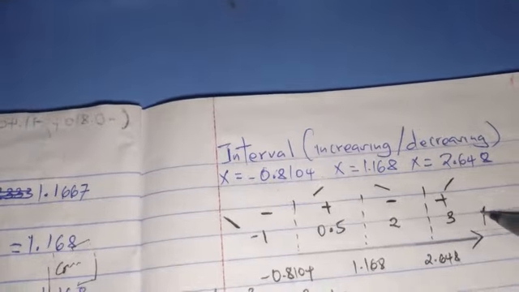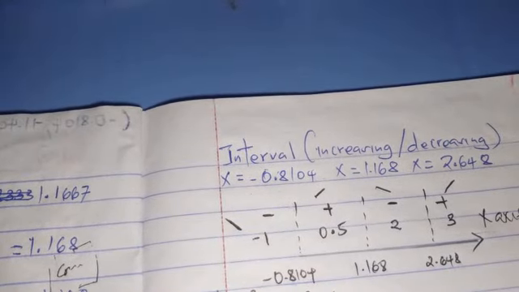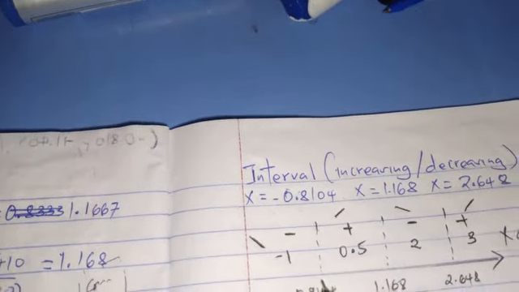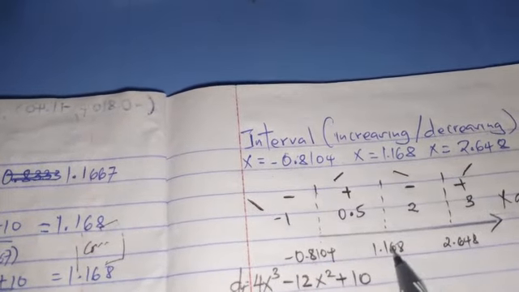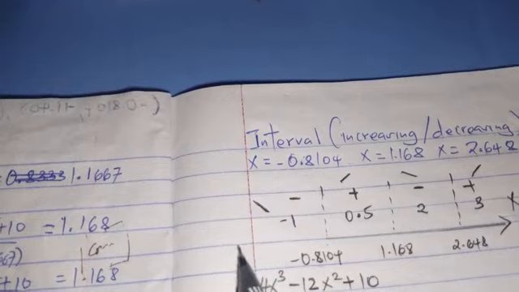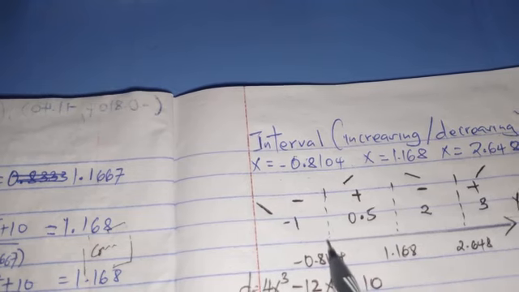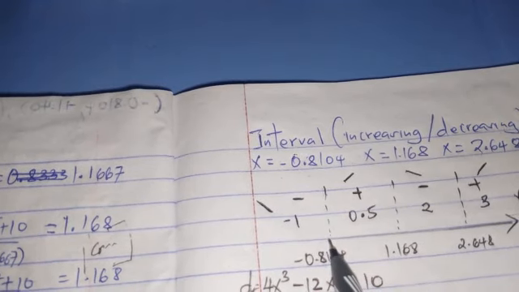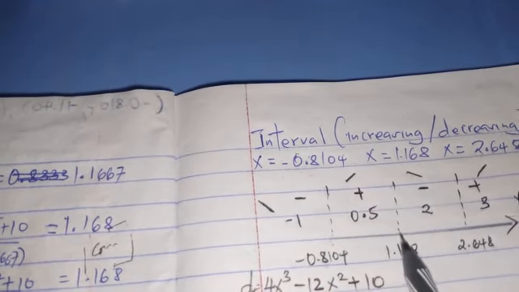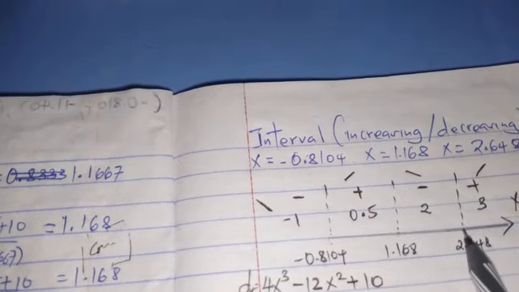You have this point, this point, and this point. So we are going to find the nature of the interval from -infinity up to this point. Is it increasing or decreasing from this point up to this point? And finally from this point up to this point.